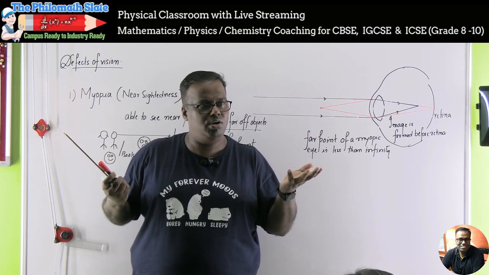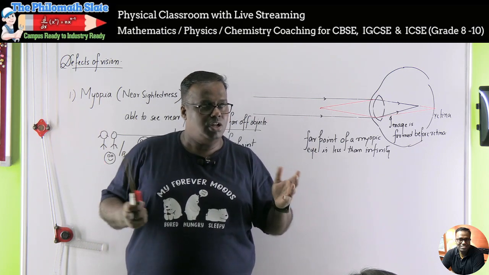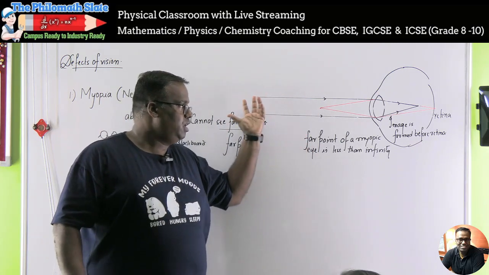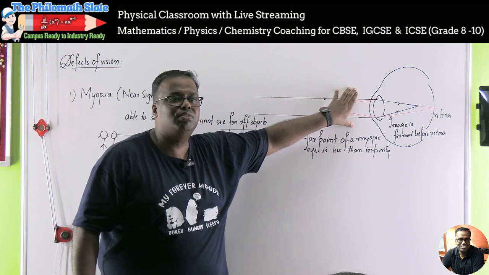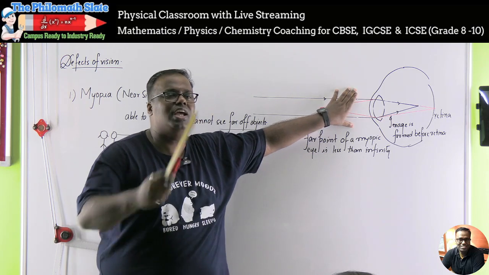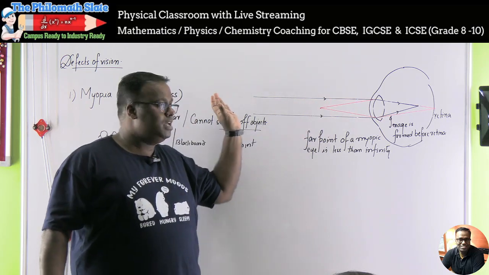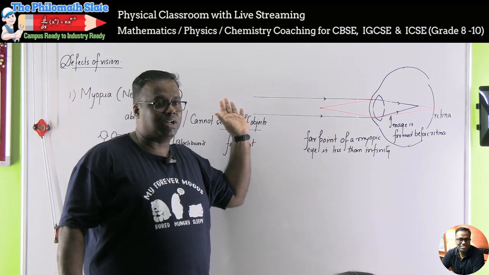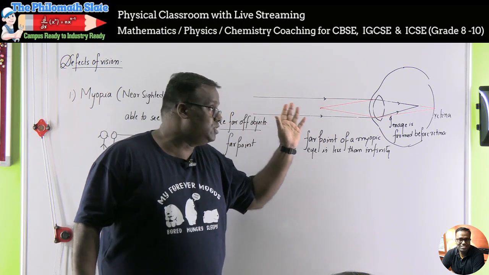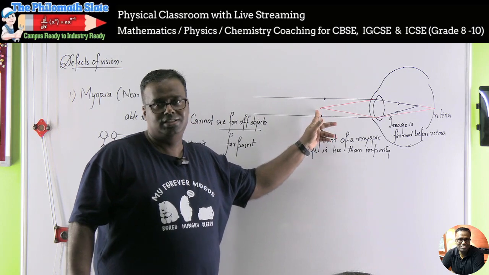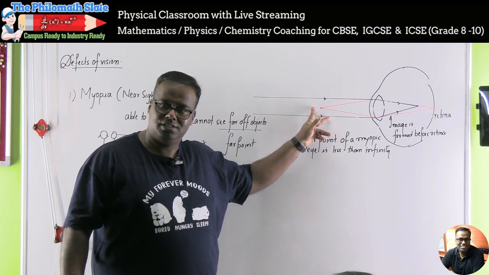You will get juice out of it. You have no problem. Now my issue is, if by putting a concave lens or any lens I cannot see the far, but I am able to create an image of the far somewhere here, then you will be able to see it.